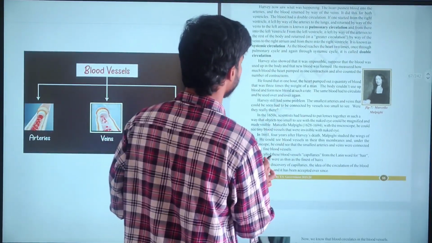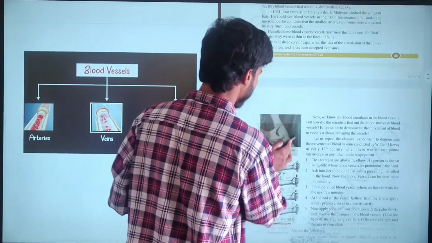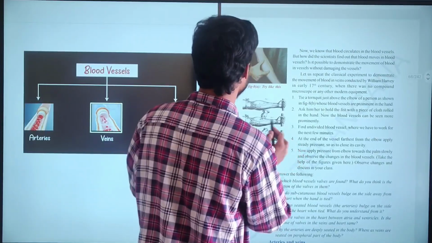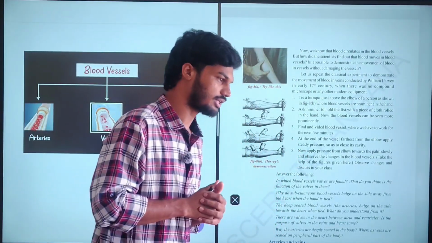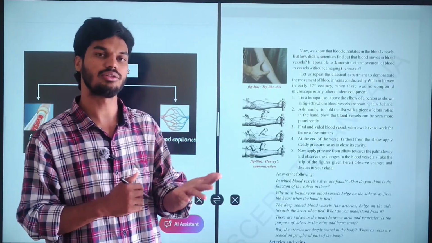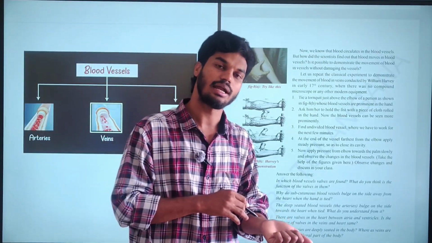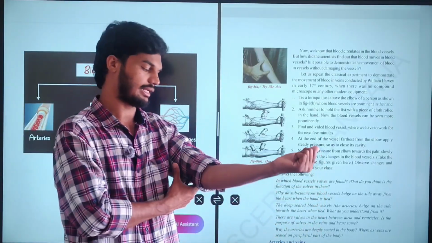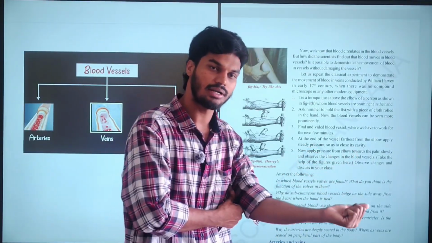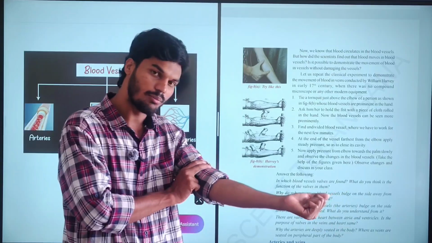From that, he showed that blood is classified into blood capillaries, and he gave one experiment, that is Harvey's demonstration, to find out the blood vessels and blood capillaries. We have to tie a rubber band or a thread above the elbow.